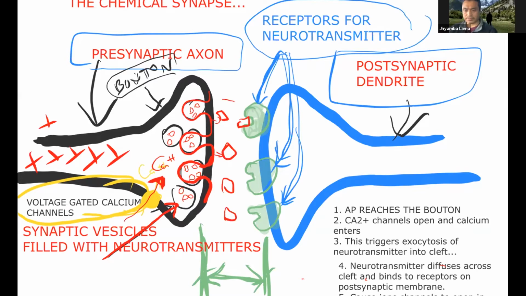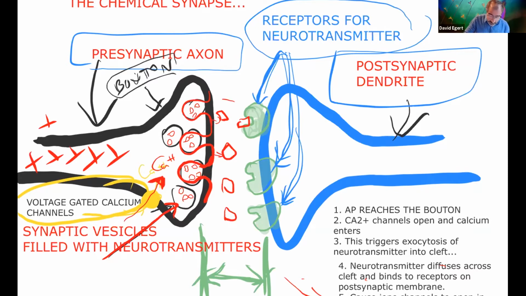Okay, so this might be through directly gated channels like we saw with the nicotinic cholinergic receptor or those GABA receptors, or it might be through a second messenger pathway like we've been talking about. But one way or another, we open up ion channels.